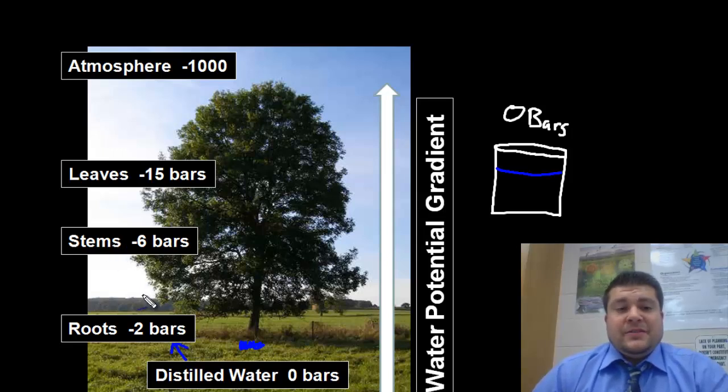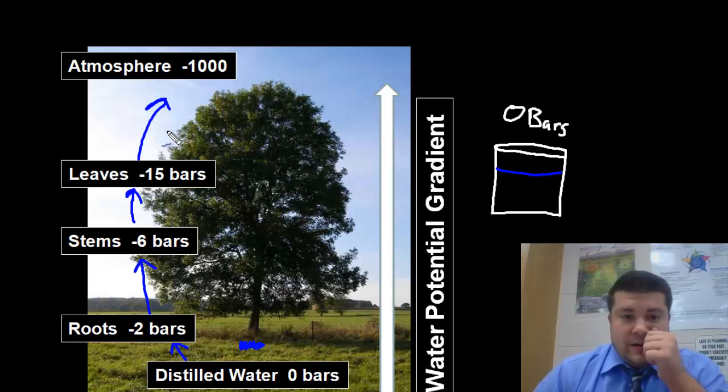And in the stems, there's even more salts in the cells. And so the water from the roots will actually move to the stems, and then also to the leaves, and to then the atmosphere, where we actually really have no water being trapped in a cell.